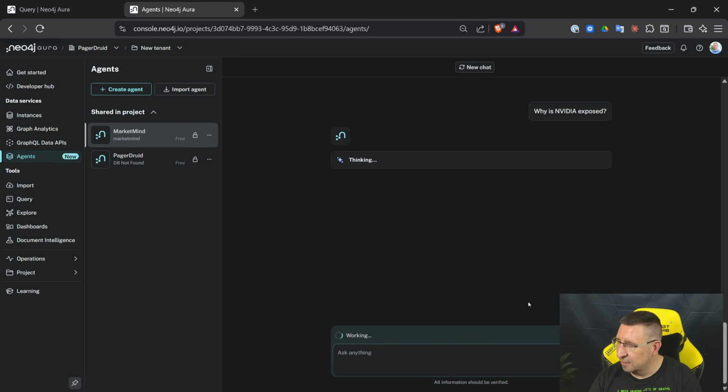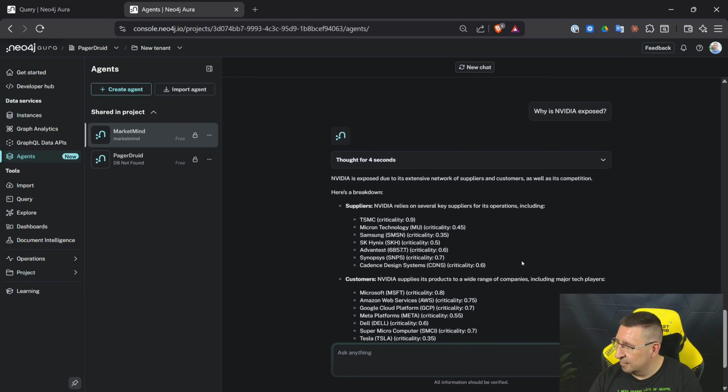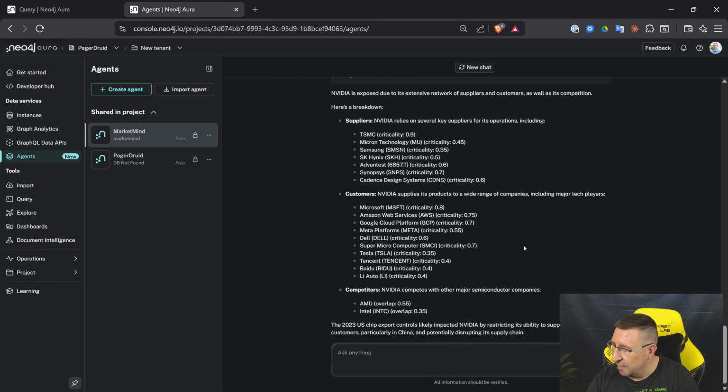And it will take some information about NVIDIA. So it gives here the breakdown. NVIDIA relies on several key suppliers, which are TSMC, Micron Technology, Samsung, Advantest, Synopsys, Cadence, and customers of NVIDIA as well, and competitors.